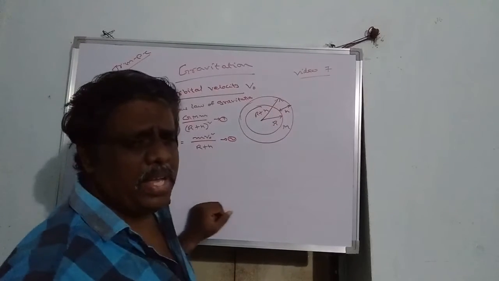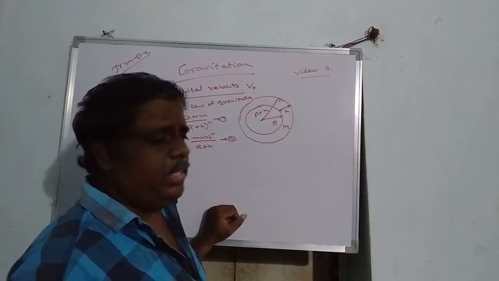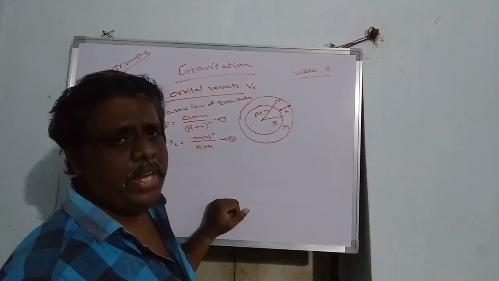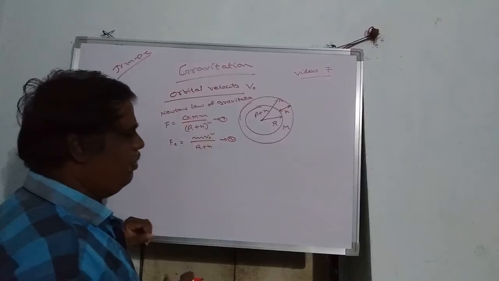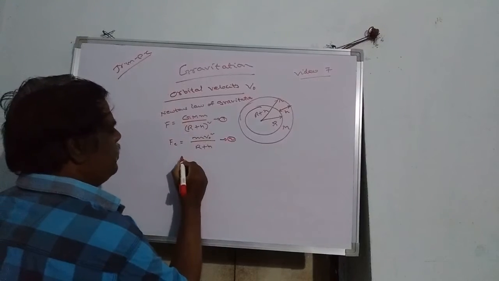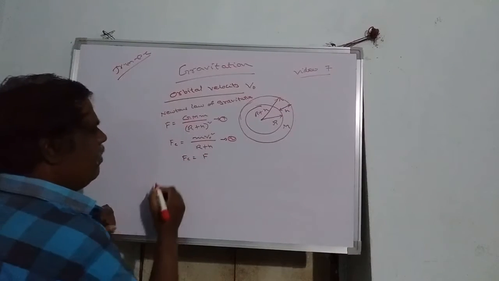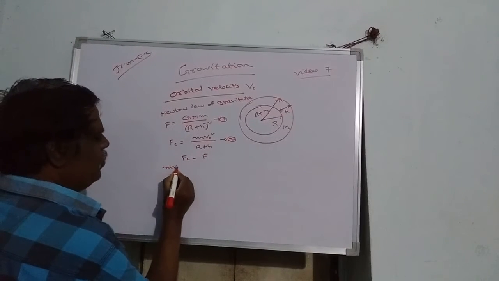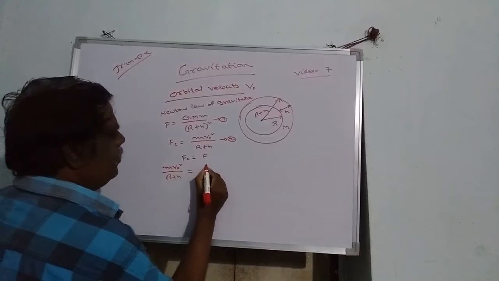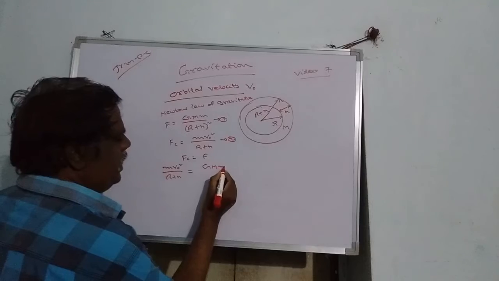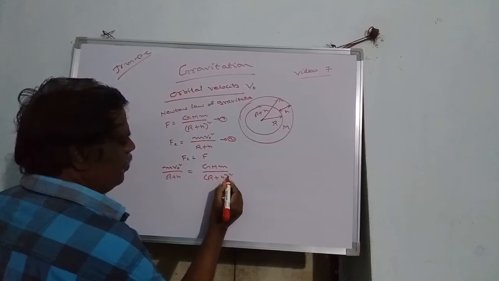To keep the satellite in the Earth orbit, these forces must be equal. That means the Newton's law of gravitation force and the centripetal force, Fc should be equal to F. And what we will get? m v naught square by r plus h is equal to G M m by r plus h whole square.